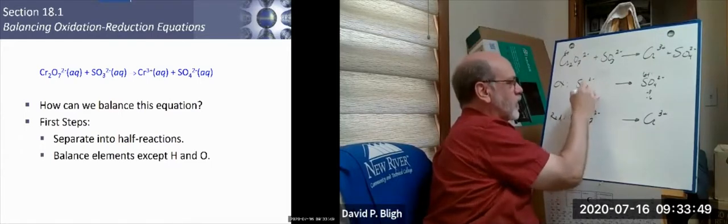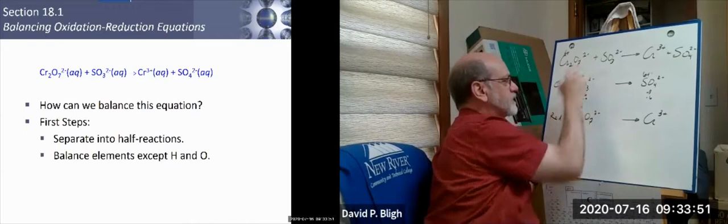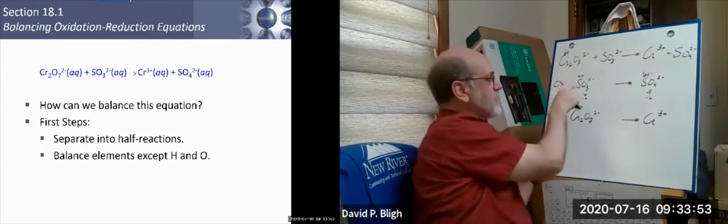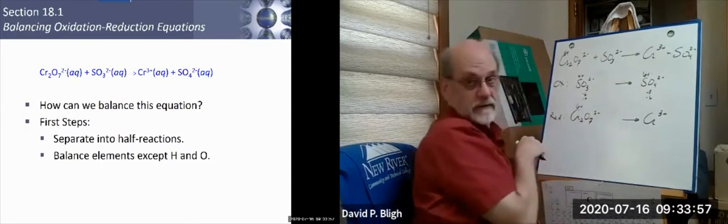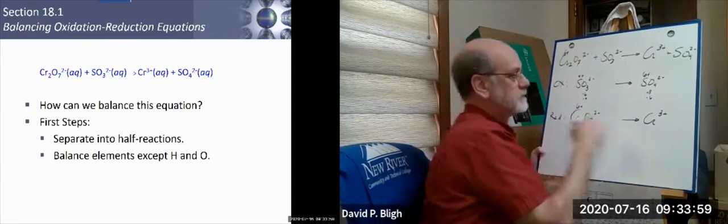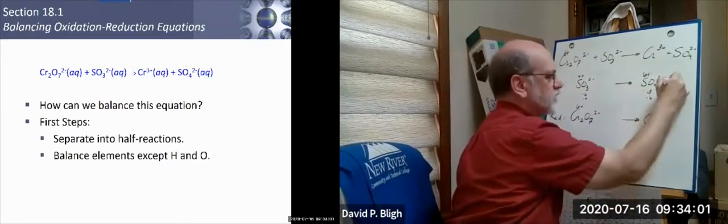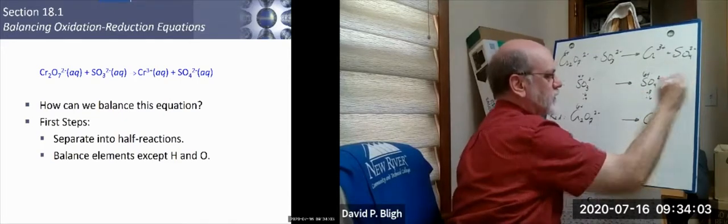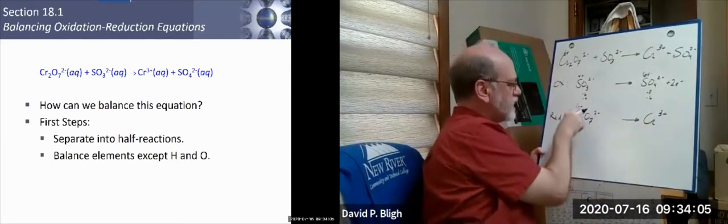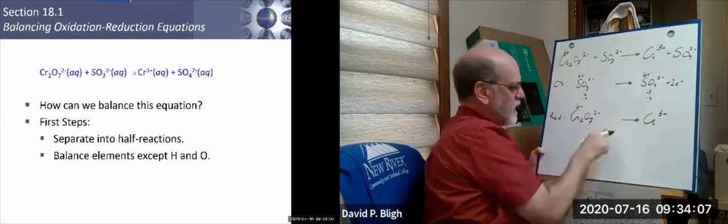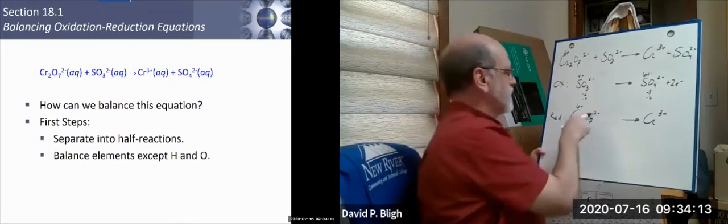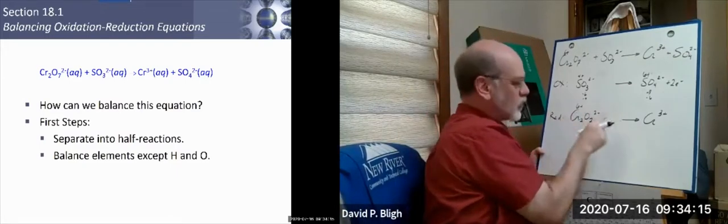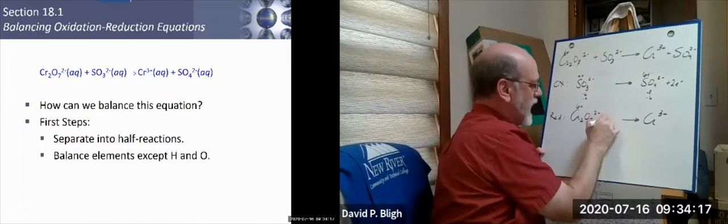We have -4, so this one is 4+. Okay. So this one had to lose 2 electrons to make that. Right. So let's just put those in there for later. And here, for a single chromium, we had to add 3 electrons.